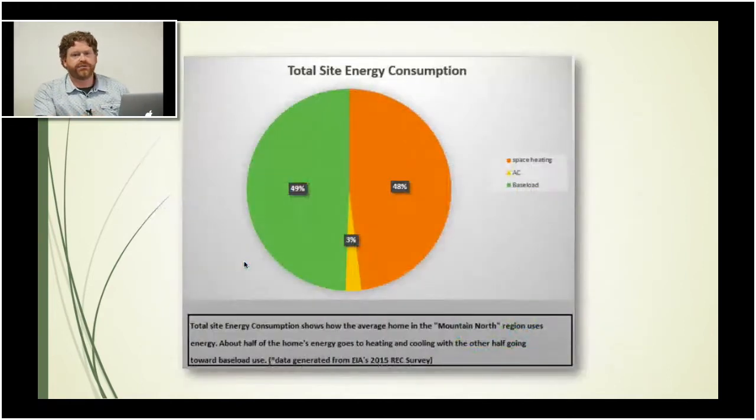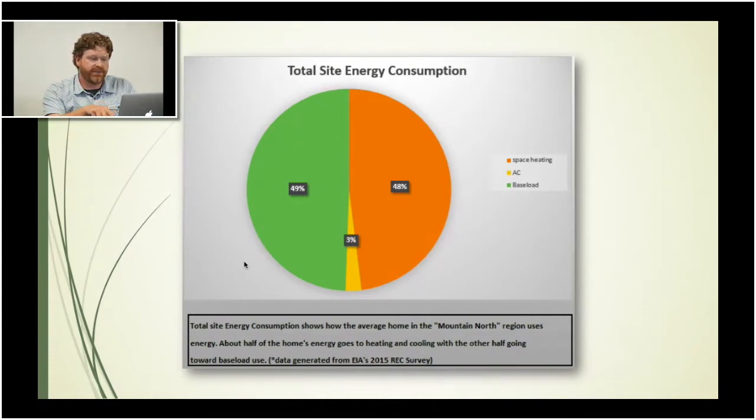I'm going to go through two more slides here that show the Energy Information Administration's data for the Rocky Mountain climate, which is our climate here in Montana, that also goes into Colorado, Wyoming. They have information for different regions, but this is specific to the Rocky Mountain North.